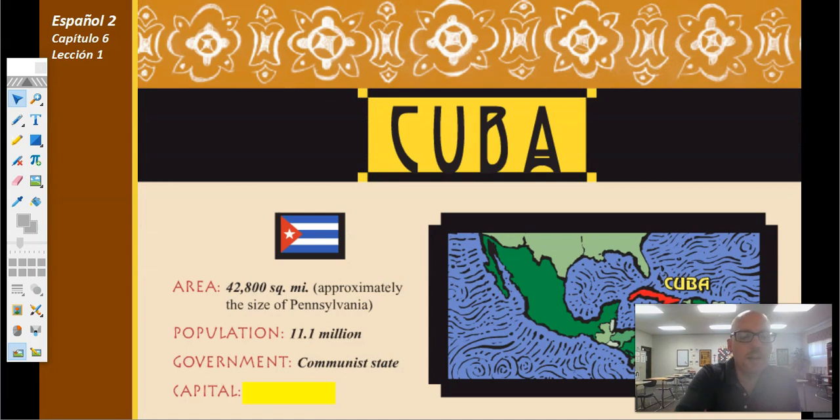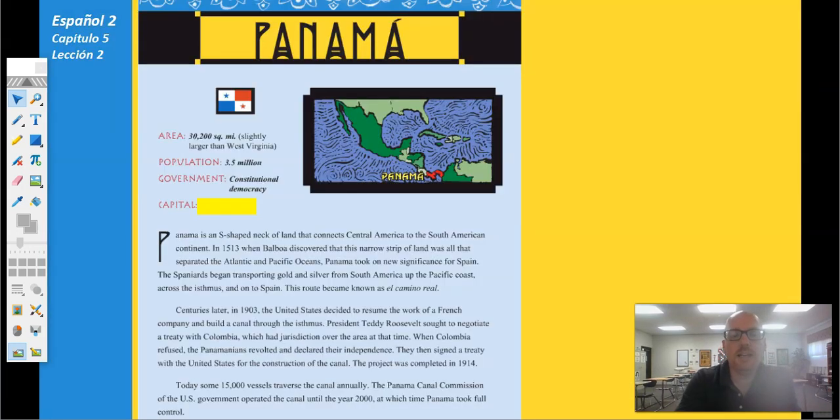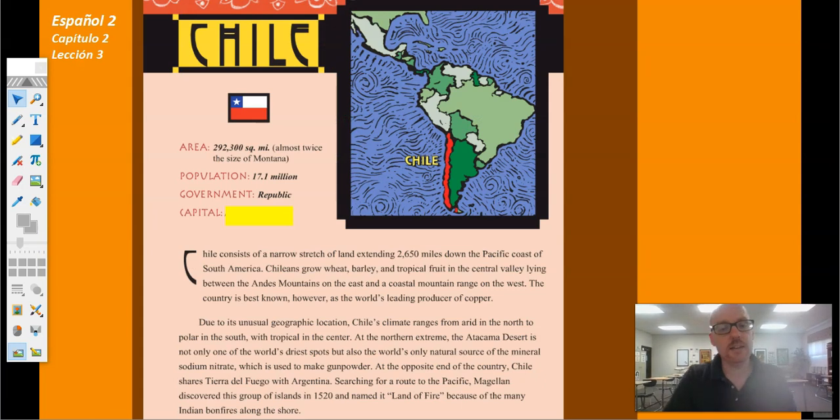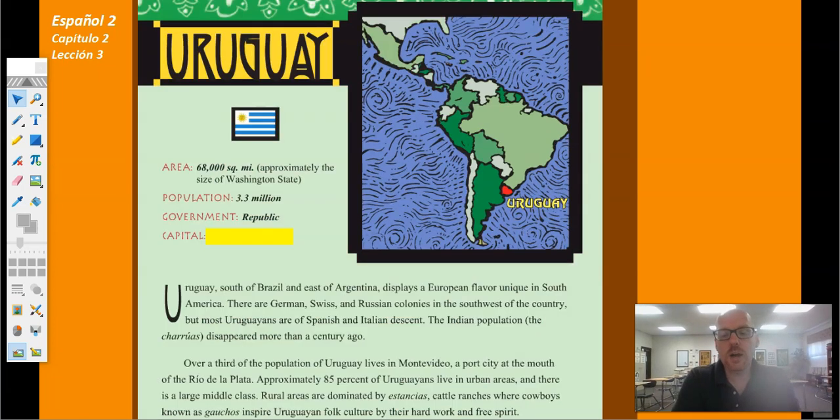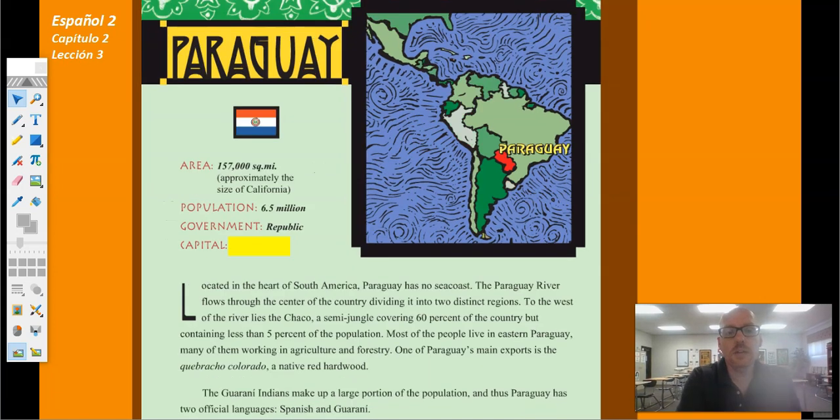¿Cuál es la capital de Cuba, clase? La Habana. La capital de Panamá. Panamá. La capital de Chile. Santiago. La capital de Uruguay. Montevideo. La capital de Paraguay. Asunción.